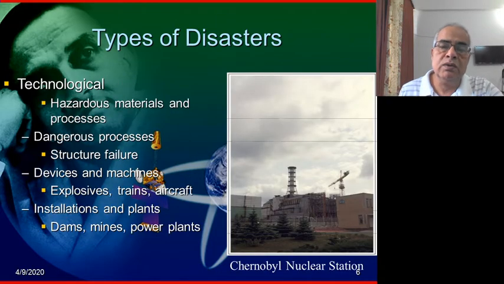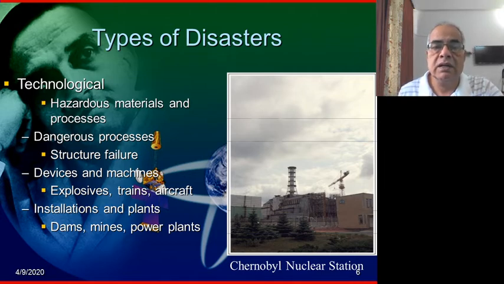When I talk about technological disasters, for example, the Chernobyl nuclear disaster. We have some technology which we are using, say nuclear fusion or fission, using radioactive substances for energy generation. If there is failure of that, it leads to a technological disaster.